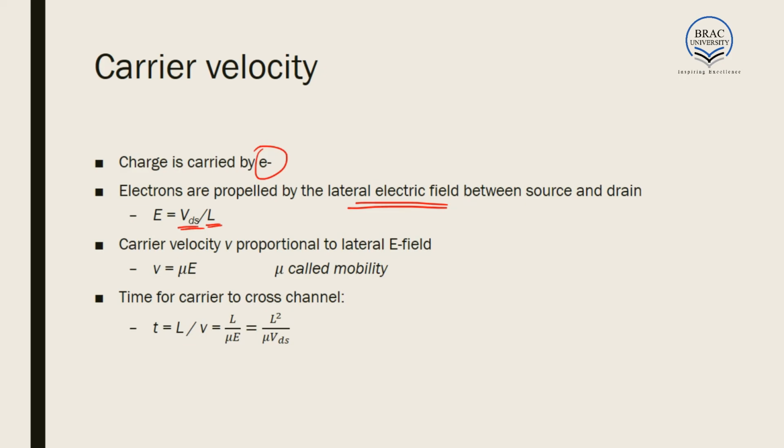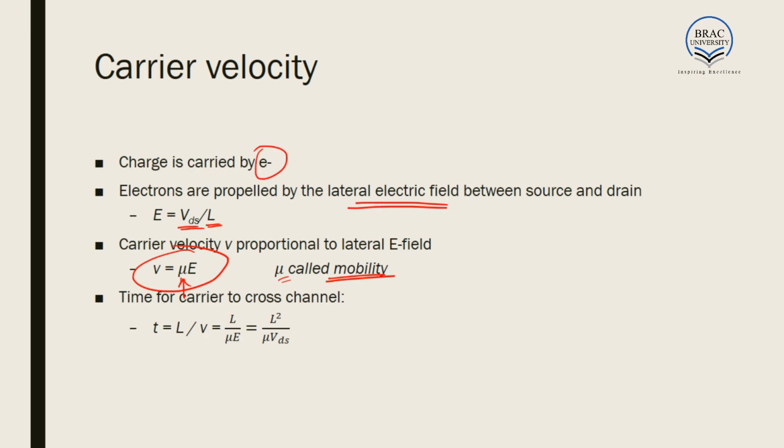So E is equal to VDS by L, and again carrier velocity should be proportional to electric field, as velocity is dependent on the force. So V is equal to mu E. Mu is the proportionality constant, which is called the mobility. It is a measure of how fast the carrier moves. In case of electrons, the mobility is high. If the carriers are holes, the mobility is lower.